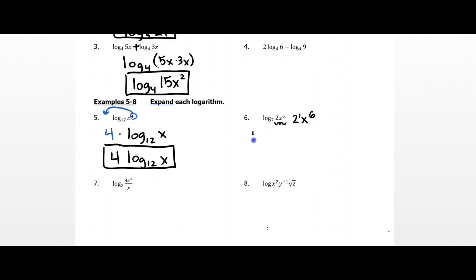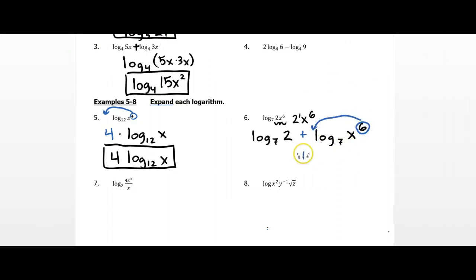So this would become log base 7 of 2 plus log base 7 of x to the 6th. So that would be my first step in this one. Now that I've done this, then on this second logarithm, I can take that exponent 6 and move it out to the front.